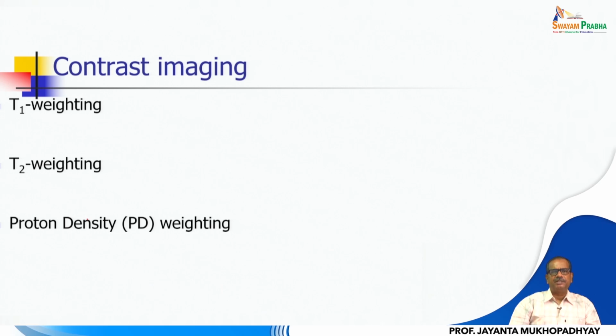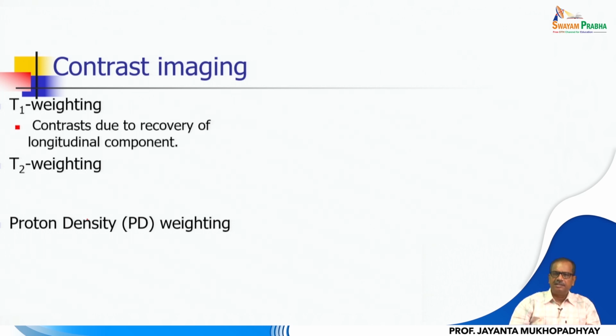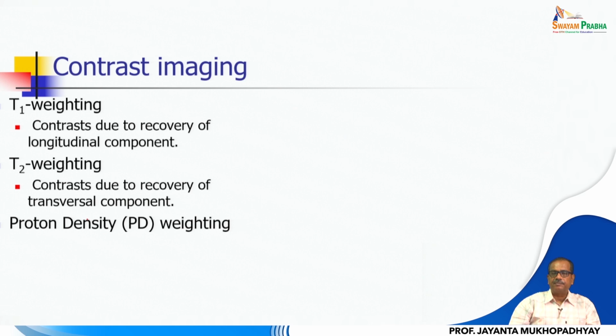So, now we have T1 weighting images and T2 weighting images, and there is another mode which is called proton density weighting. In T1 weighting, the contrasts due to recovery of the longitudinal component are used, contrasts among the tissues like bone, arterial blood, etc. For T2 weighting, the contrast due to decay of the transversal component is used.